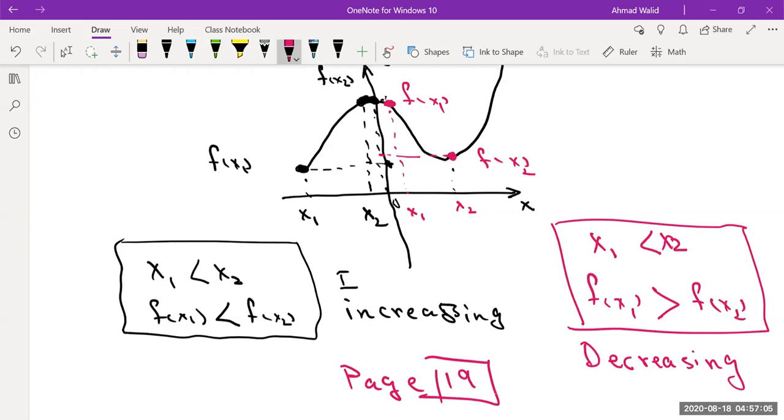But in this online method, you can watch a video as much as you want. Just watch the video, read your book, read the slides, do your homework. I'm sure everyone will have a good grade at the end of the semester. Not only a good grade, but a very good understanding of Calculus 1.